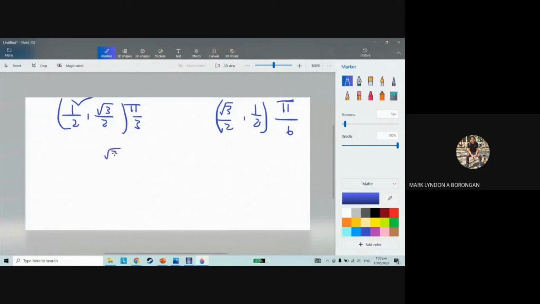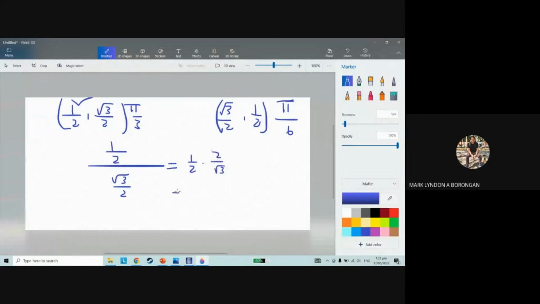Square root of 3, okay. Cosine goes first, no? So, cosine is 1/2 over square root of 3 over 2. Now, we'll get the numerator multiplied with the reciprocal of the denominator.